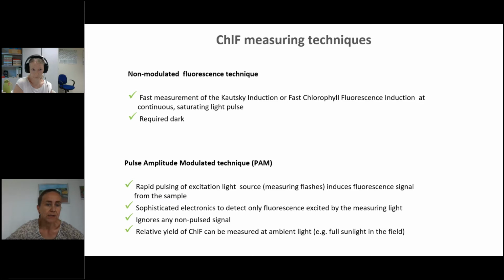The key feature of this technique is using sophisticated electronics, which allows us to discriminate the fluorescent signal from the measuring light and from the ambient other light, basically by ignoring any non-pulsed signal. And due to the pulse amplitude modulated technique, we can also do all the measurements in the light environment, as in the field conditions during full sunlight.